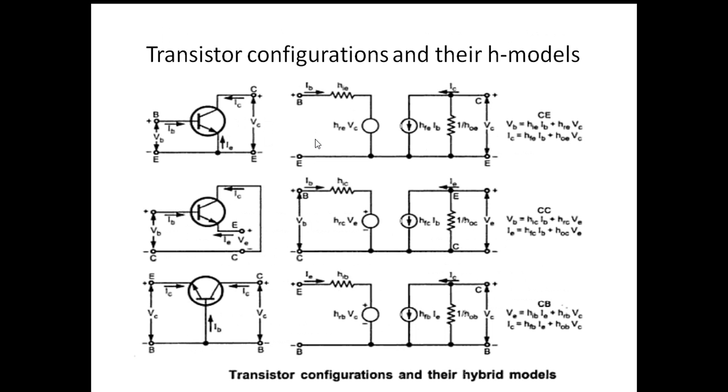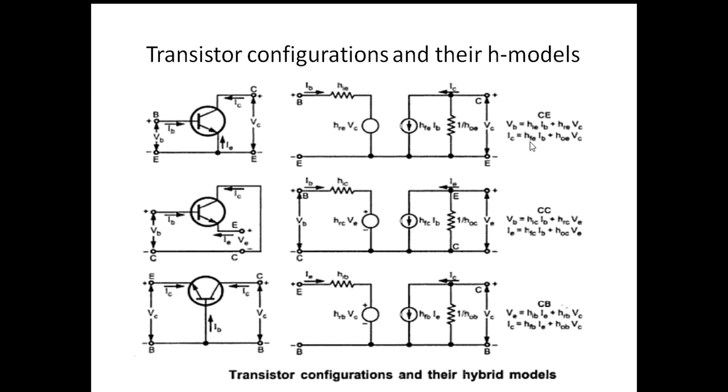Here the simplified transistor configurations and their H models are given. First one is common emitter. For common emitter, this is the simplified H parameter model. Input voltage VB is equal to HIE-IB plus HRE-VC.